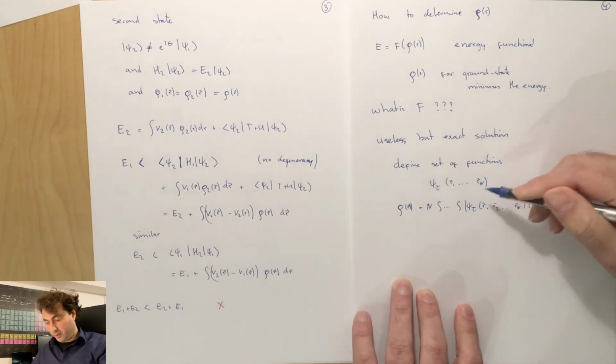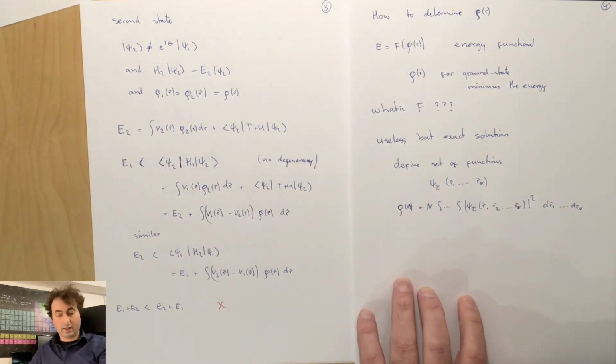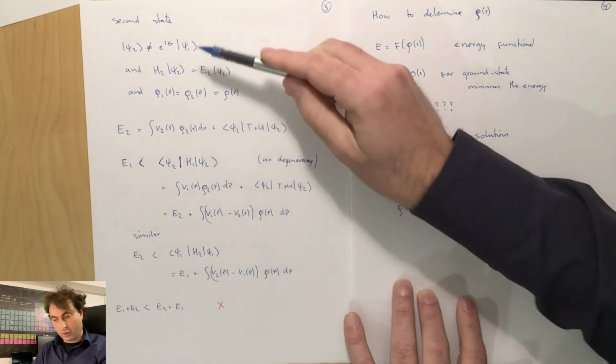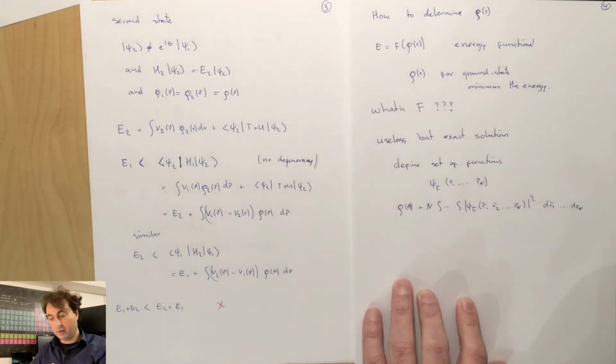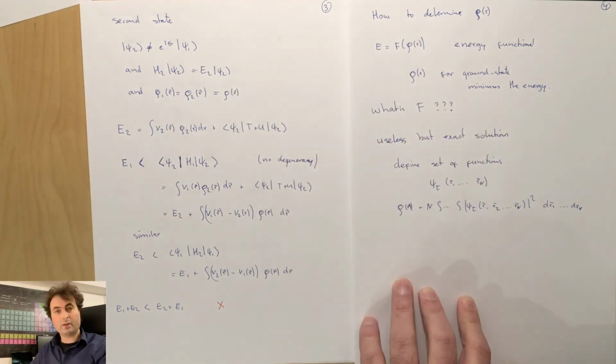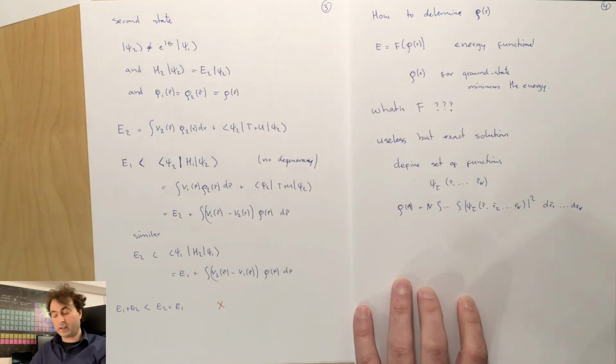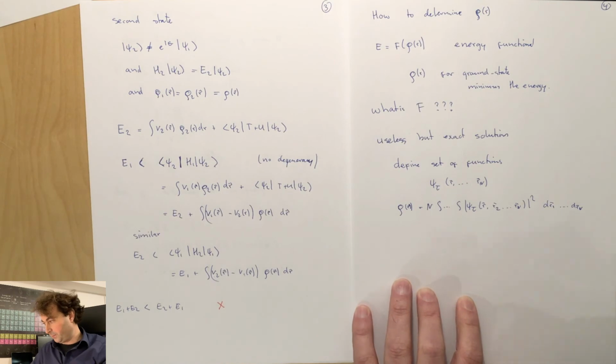Now some of these functions will give the same density. That's perfectly fine. What we have shown is that for the ground state, a density uniquely defines the state. That doesn't mean that there might not be other excited states with the same density.